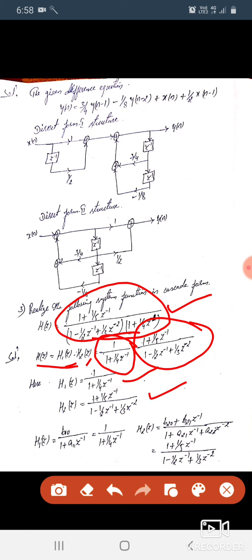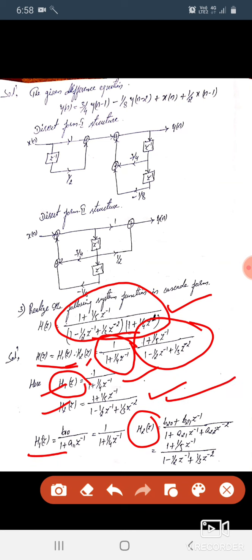Next, the standard form: H1 of z is taken as b10 divided by 1 plus a11 z inverse, and H2 of z in standard form is b20 plus b21 z inverse divided by 1 plus a21 z raised to minus 1 plus a22 z raised to minus 2.